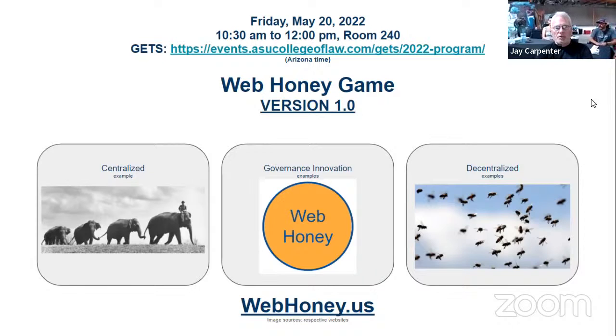This is a representation of what I am using to represent centralized constructs and organizations and so forth. And then on the right, you see a swarm of bees. The swarm of bees is meant to depict or represent decentralization. And in the middle, you see something called web honey or governance innovation. And that's basically what we are going to be experimenting with today.